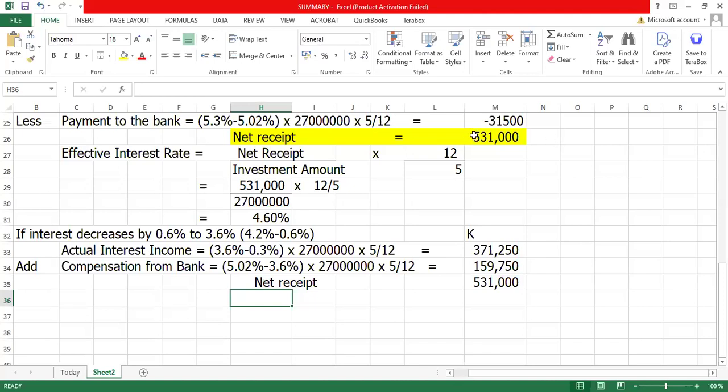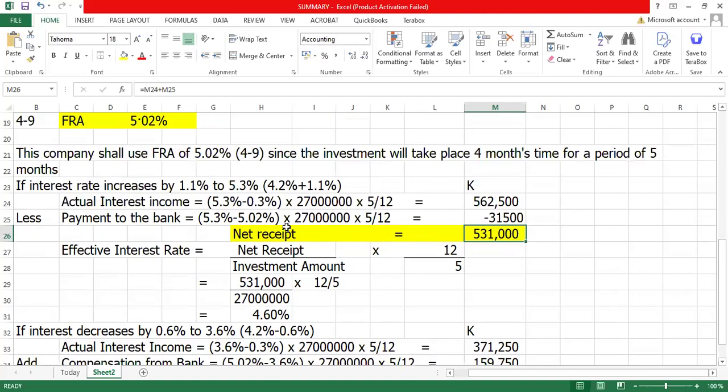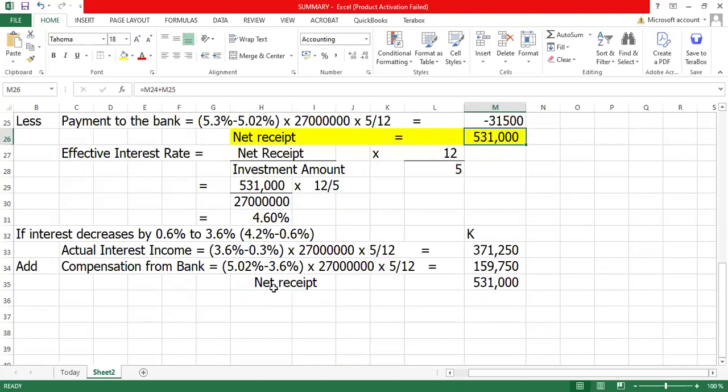I expect to receive this money, whether the rate increases or decreases. That's why you have the same answer.